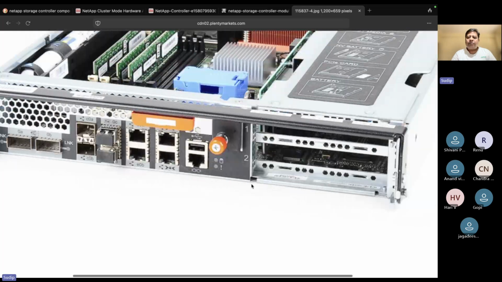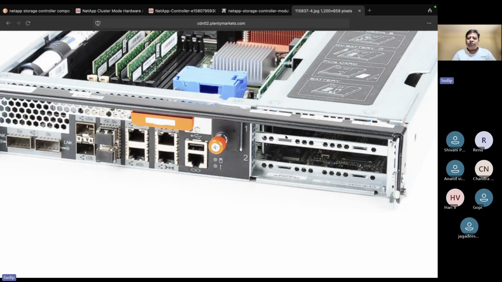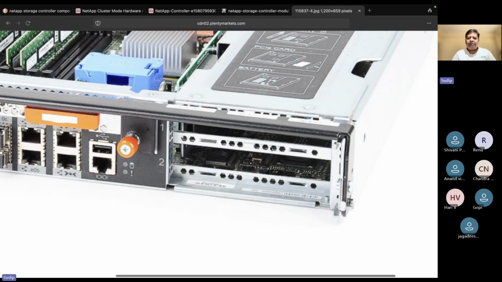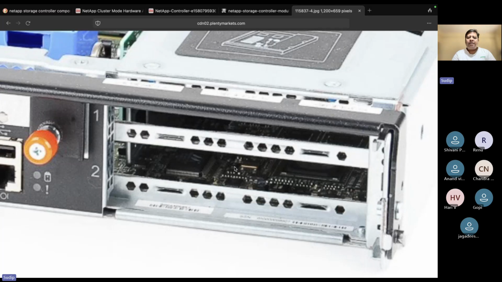And there is an option to add additional ports. So you see this 1 and 2 written here on the extreme right. Here you can add more, they are called PCIe cards. These are like add-on cards, just like how you add an additional SD card to your phone. Similarly, you can add additional network ports to your controller.